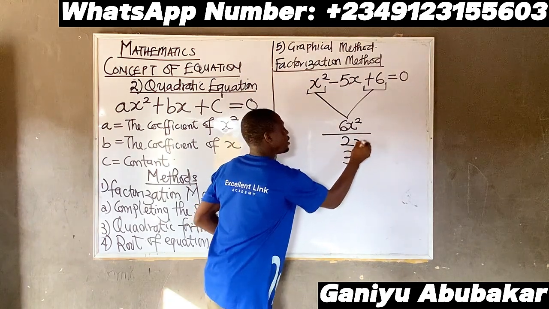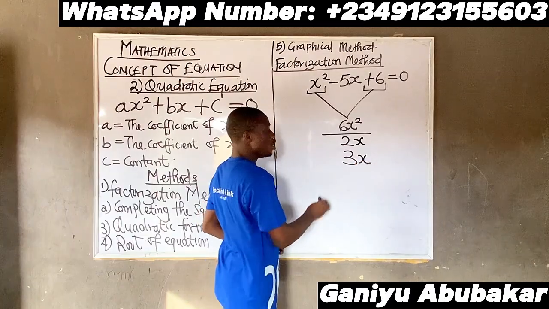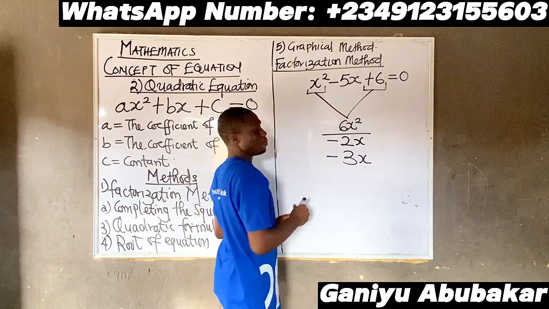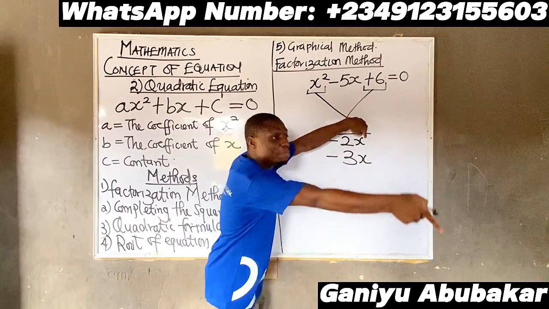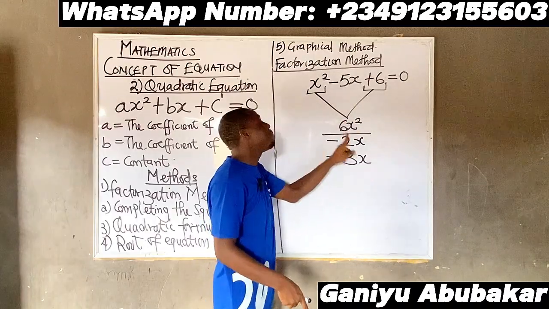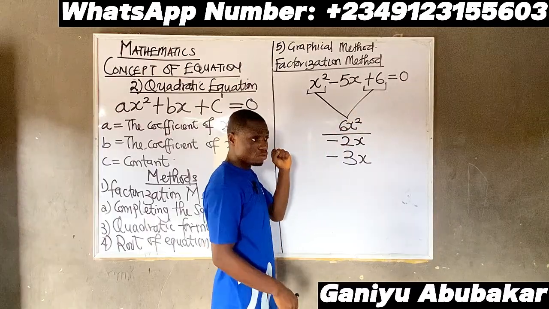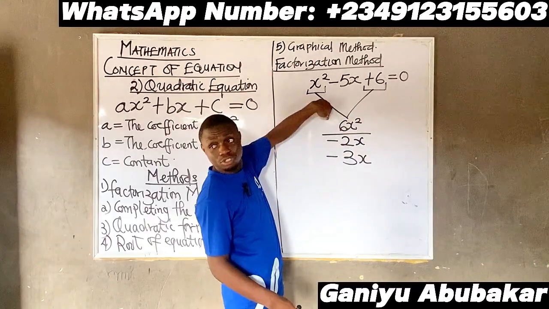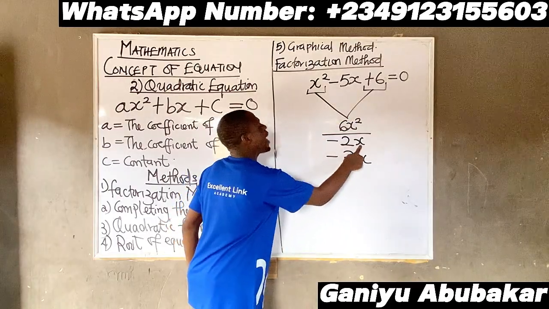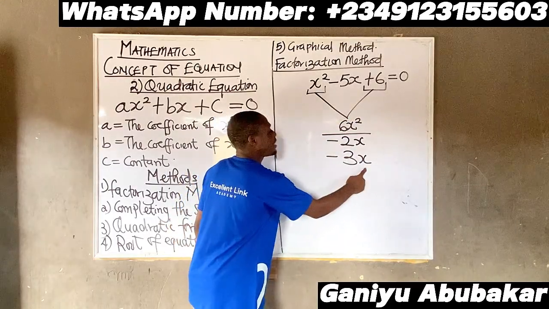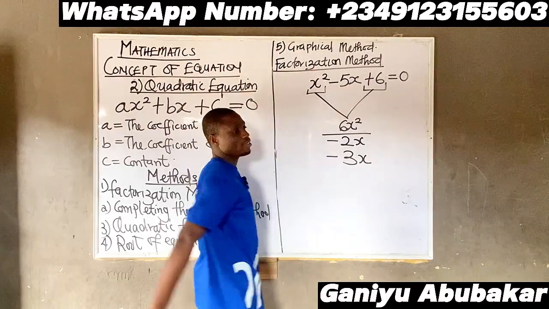So I'll attach x here and x here, and put minus and minus. Minus 2x times minus 3x gives plus 6x squared, because minus times minus gives plus. Also, minus 2x plus minus 3x gives minus 5x. That's the goal.